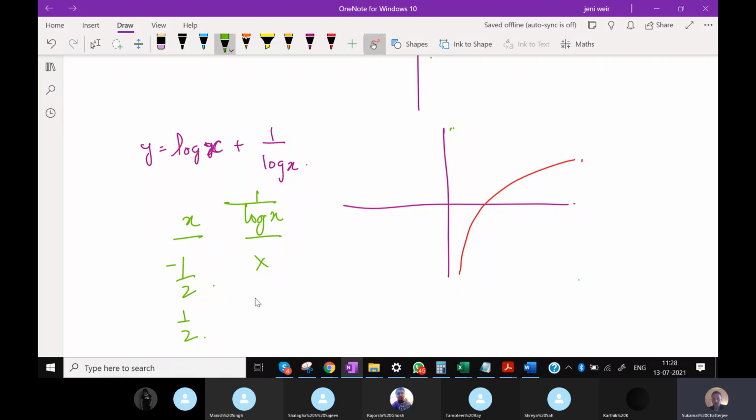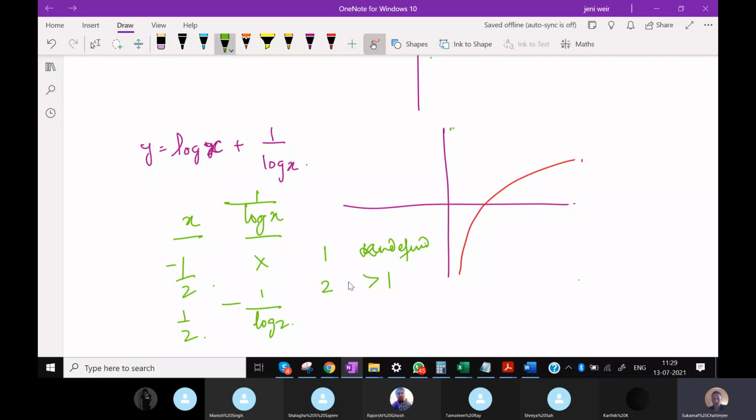So this would be 1 by minus log 2, which would be negative, right? Minus 1 by log 2. When x is equal to 1, this would be 1 by 0, which is undefined. When x is 2, this would be 1 by log 2, which would be greater than 1, right?